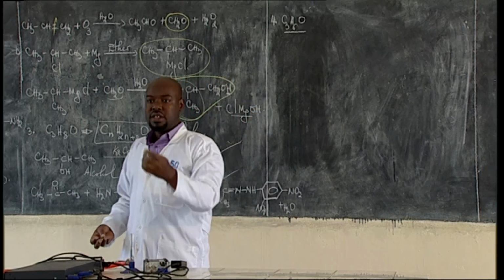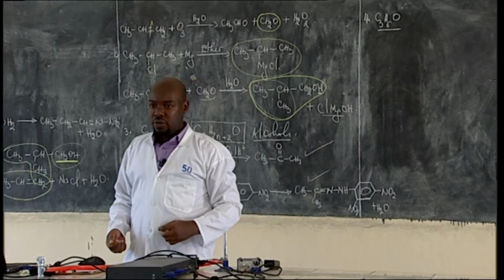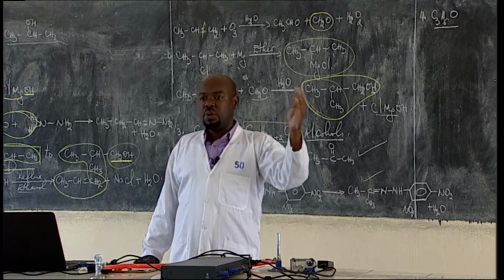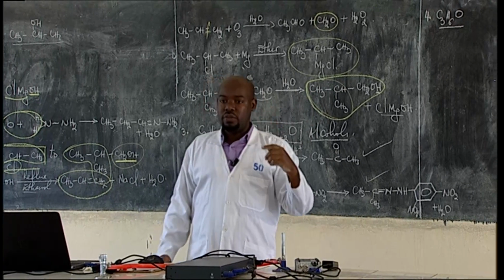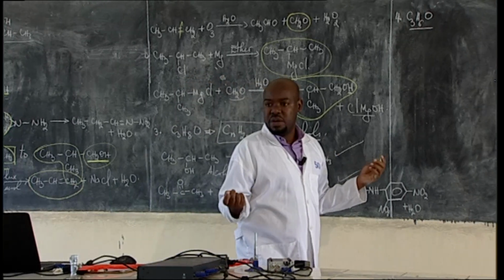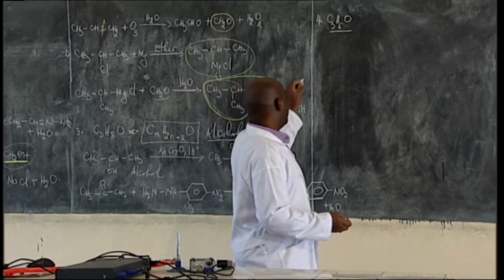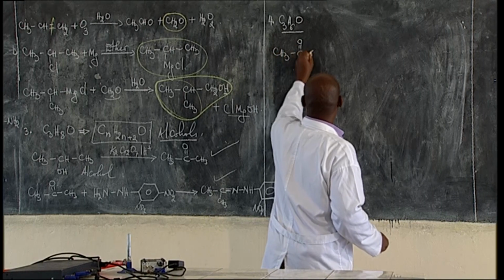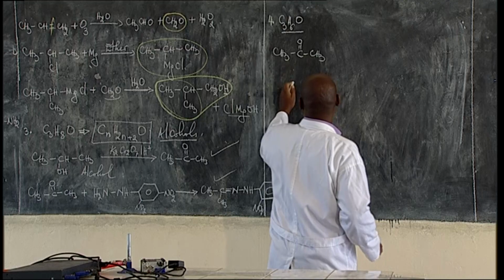Now, they are saying E is an alcohol. So if it is an alcohol, then it is the alcohol which contains a double bond. F is a ketone. For the ketone, it's very simple, and the aldehyde. Why? Because the only ketone we can have which has 3 carbon atoms is this one.